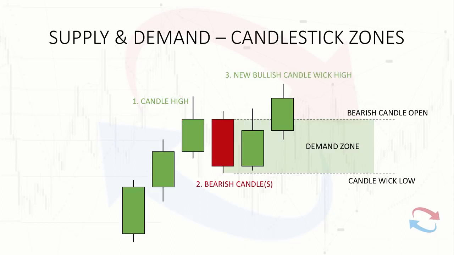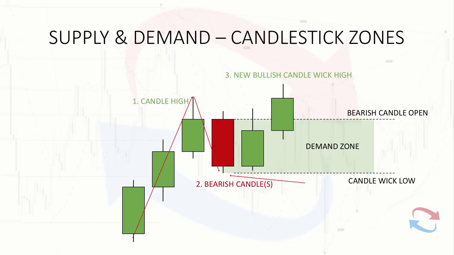Now, if we get a situation like this, we still draw the same thing. We get a high, we get a low, and even if this bullish candle's wick low is lower than the bearish candle's wick low, that doesn't matter. We would draw the demand zone from whichever candlestick has the lowest wick, because that is the swing. Whatever candle has the lowest wick, that's where we would draw the low of the demand zone.